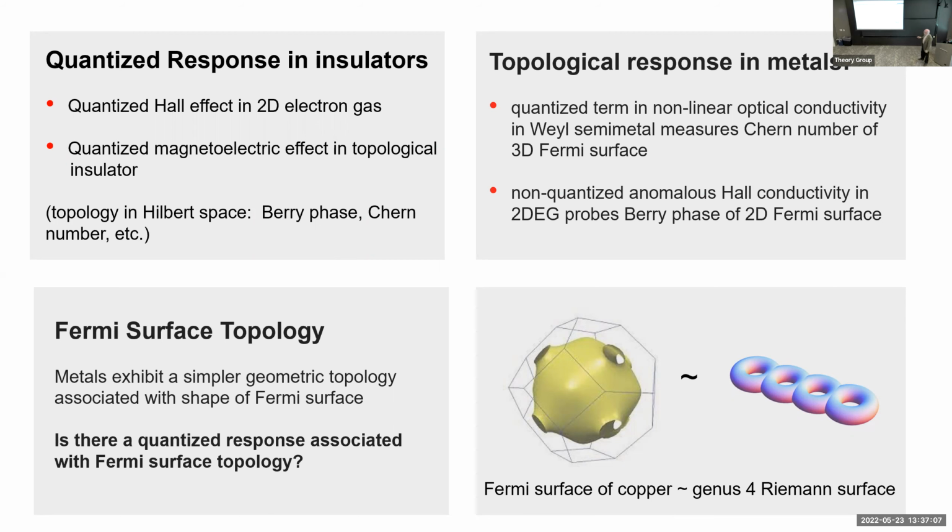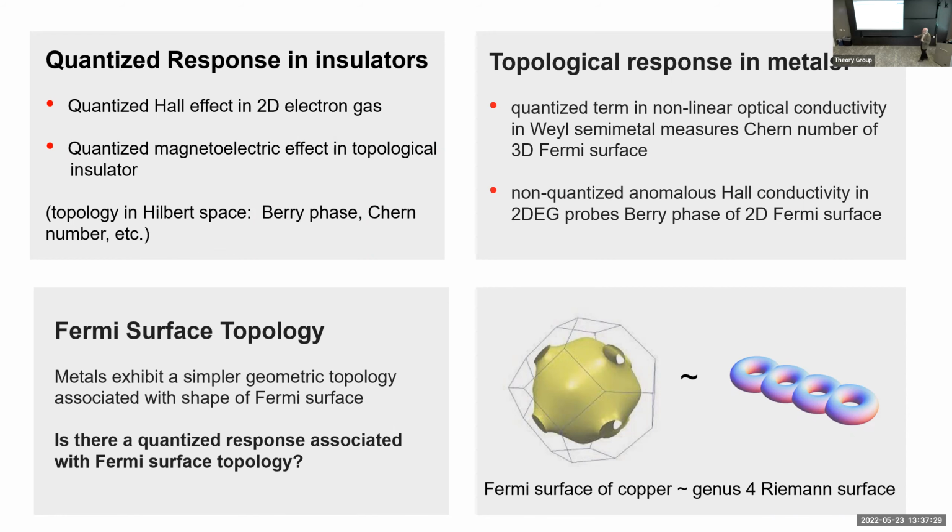But metals also exhibit a simpler kind of topology, which is associated with the shape of the Fermi surface. Now I guess this is a little bit of a mixed audience. Some of you maybe grew up reading Ashcroft and Mermin, and some of you probably didn't.